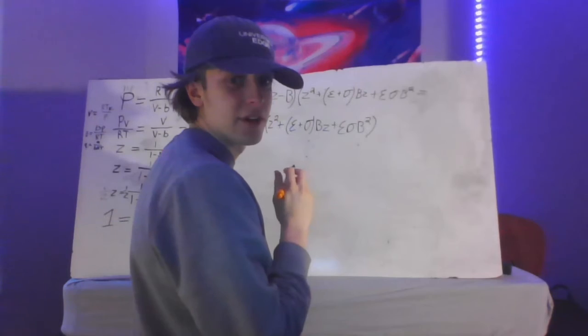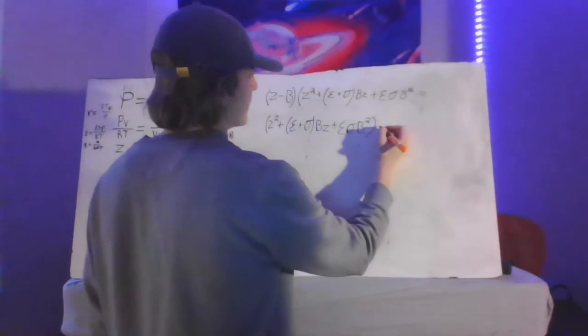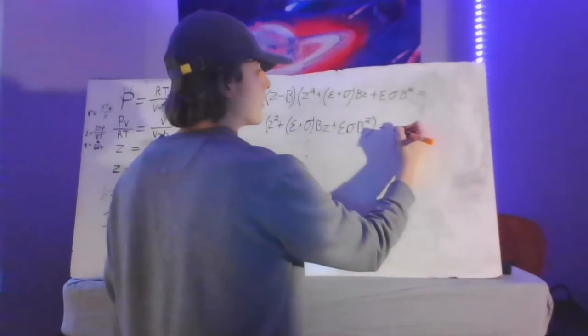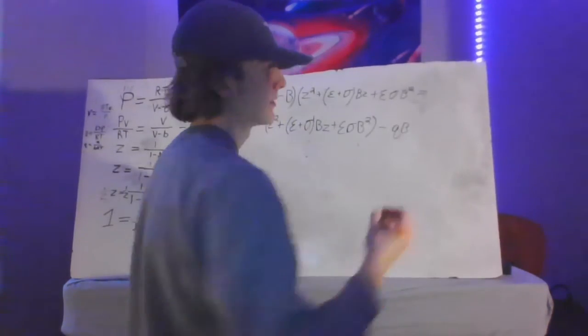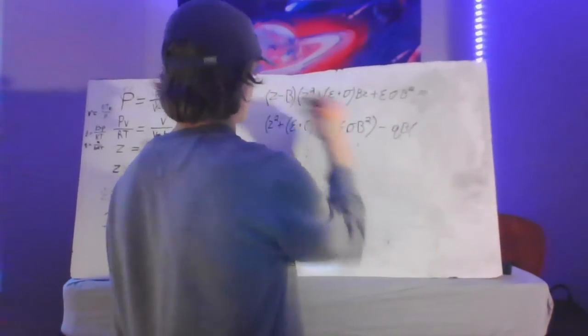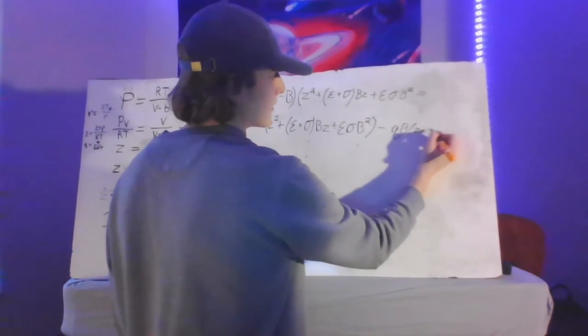So that value, and then minus our Q beta times our Z minus beta.